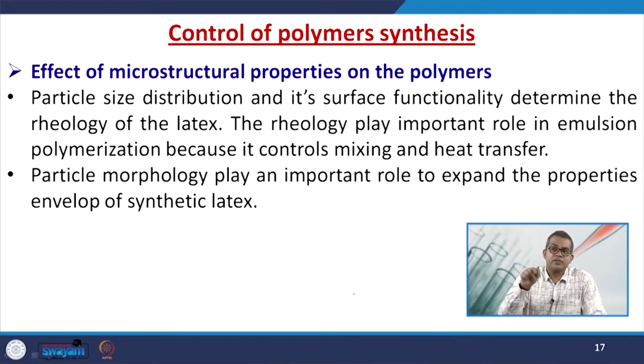Sometimes the particle size distribution and its surface functionality. If you recall, we discussed the surface functionality with the example of an ion exchanger. So, its surface functionality usually determines the rheology of any kind of product. Now, this rheology plays a very vital role in emulsion polymerization, because it controls mixing and heat transfer.